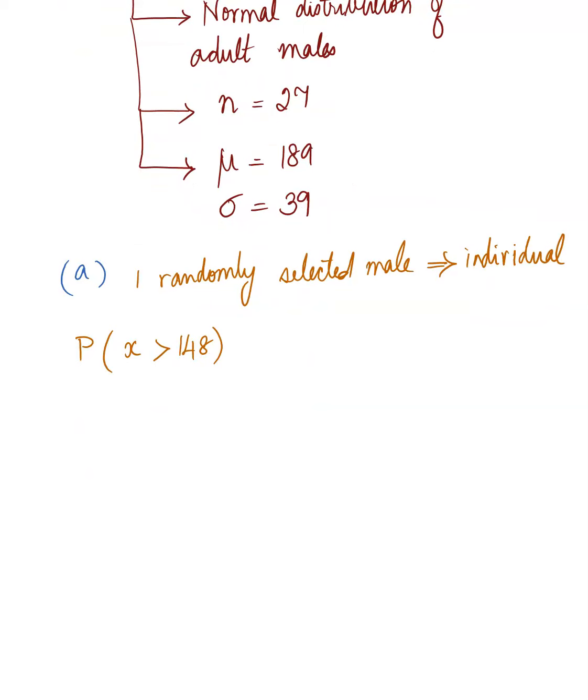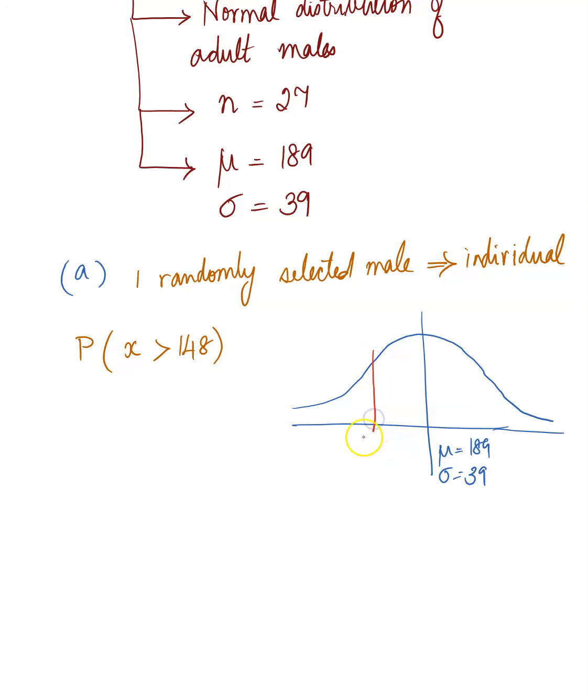However, we want to draw the graph here. So the mean for this distribution is 189, sigma is 39, and to be greater than 148, we'll fix 148 somewhere on the left of the mean. So that's greater than 148, which would refer to this shaded region to the right.